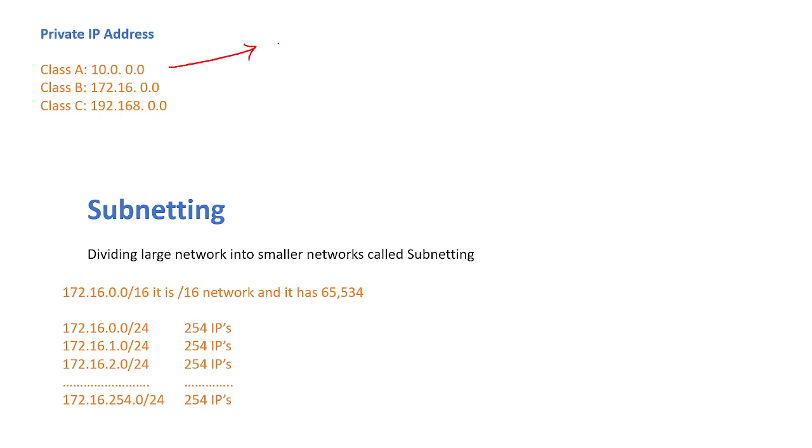In class A, you always start with 10. Any number that starts with 10.0.0.0 is private in class A. In class B it is 172.